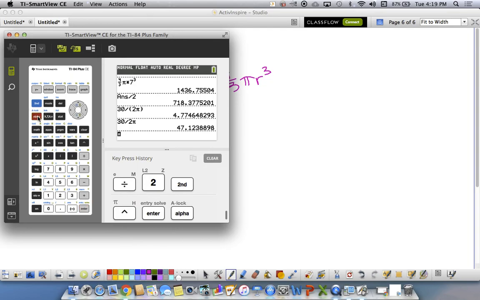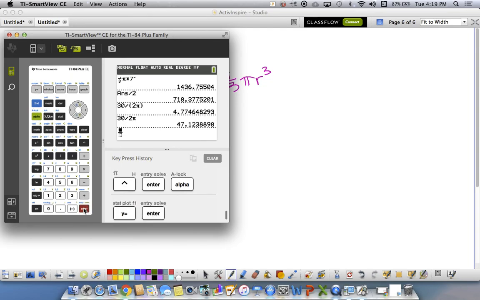So I'm going to do my fraction, 4/3 times pi times, and then I'm going to do parentheses, second answer. I can't, never mind, because I did it different. And I'm going to go up to this one. If you've got this type of calculator, you can pull that in, okay? And I'm going to raise it to the 3rd power.